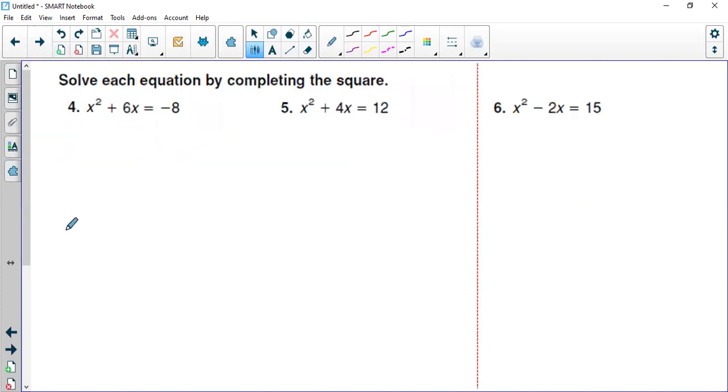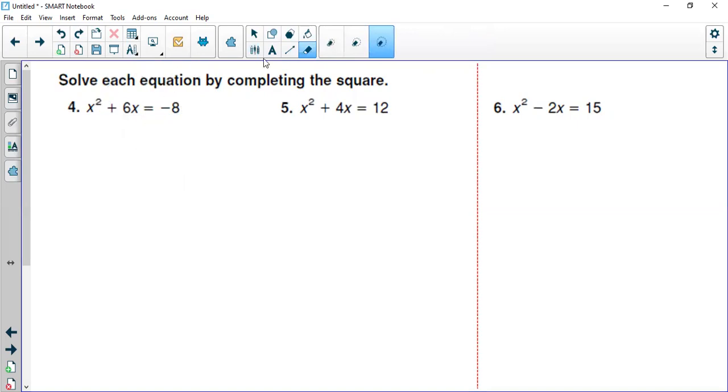Right. Now, keeping the same idea, let's move ahead and see how we can solve some quadratic equations using this concept. Now, x squared plus 6x equals negative 8. You can use this perfect square method to solve any equation which is in this form.